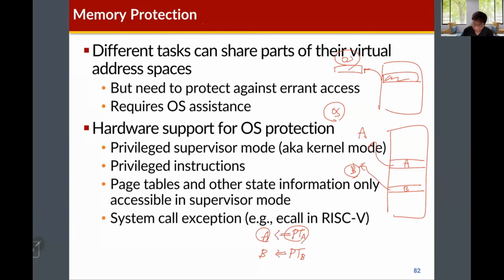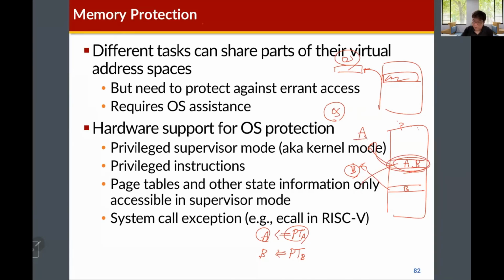Based on these multiple page tables, the operating system allocates the physical memory space to different applications. This part is assigned to application A, and a different part is assigned to application B. In some cases, the data can be shared by applications A and B, meaning the same location of the physical memory can be shared.